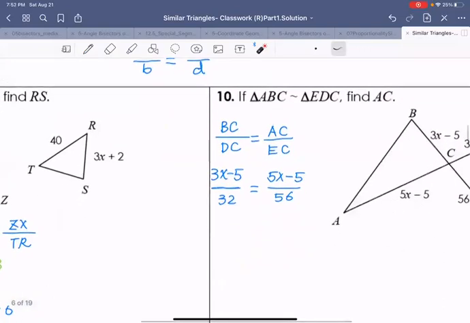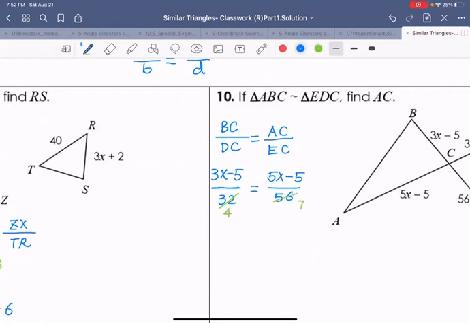Okay, now tell me where you want to do the simplification here. 32 and 56. So this one you change to 4, this one 7. Very good.